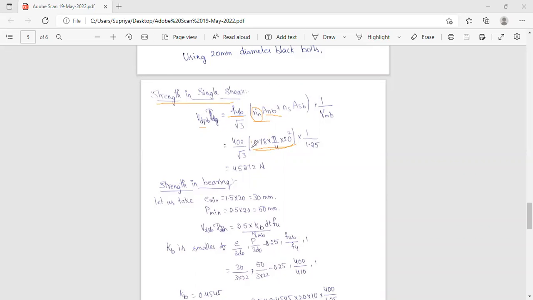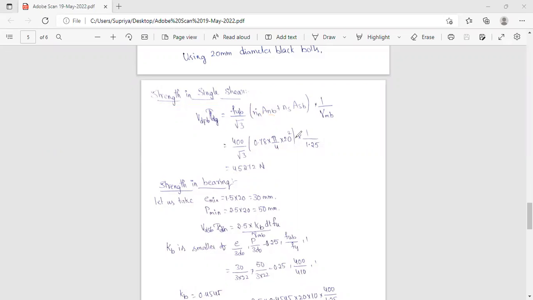Let us calculate this for one bolt only. Plus NS: in single shear, NS will not exist, so it is 0, and ASB becomes 0, multiplied by 1 by gamma MB, which is 1.25. So you get VDPB equal to 272 newtons.